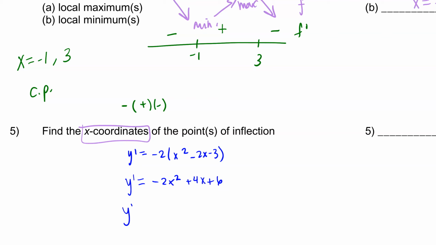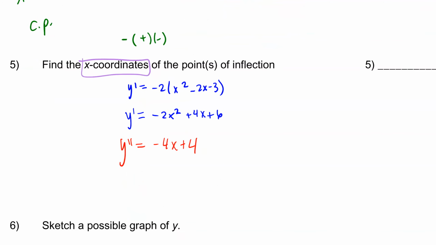Okay, now we can take the second derivative. I'll pick a different color. Now we take the second derivative: -4x plus 4. If I want to know where my point of inflection is, I have to see which x value makes my second derivative equal to 0.